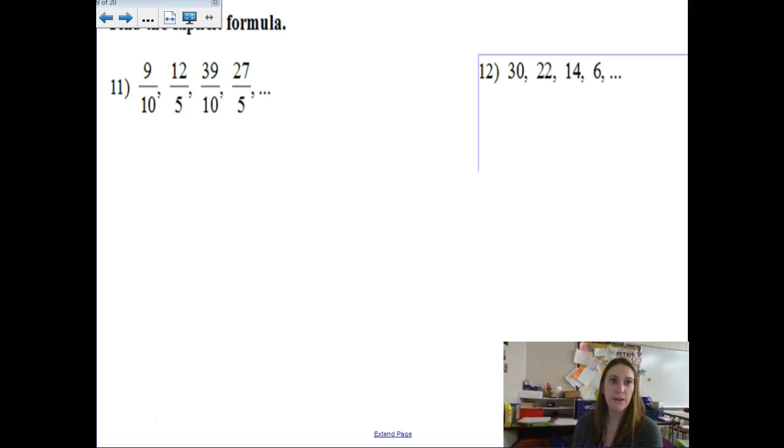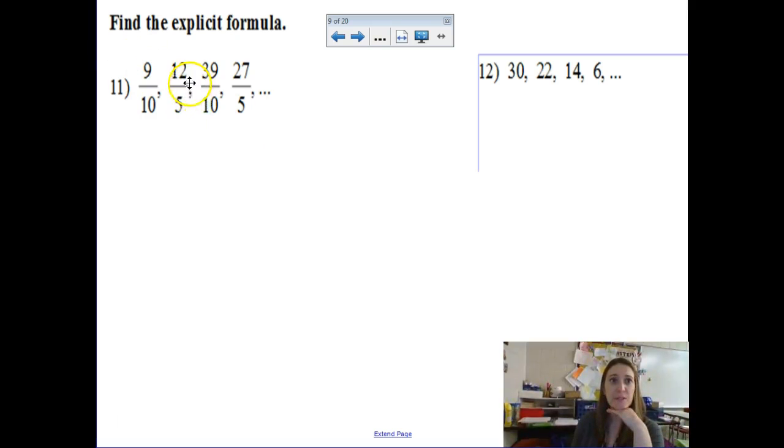Alright, so the directions say find the explicit formula. So the formula that's going to work for all terms of the sequence. Again, I don't really like that the common denominators aren't held, so I'm going to change this to 24 over 10. I'm going to change this to 54 over 10. And then I can see the common difference is 15 tenths, right?